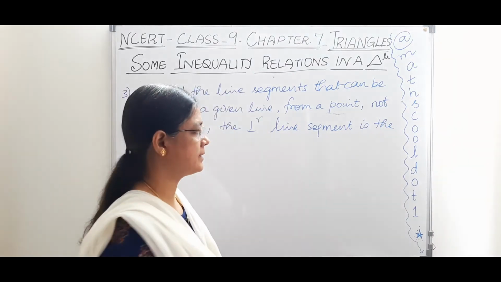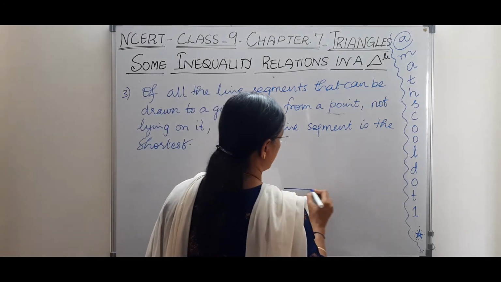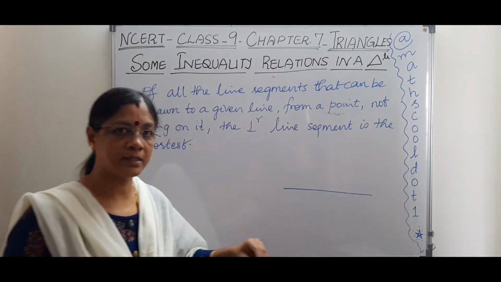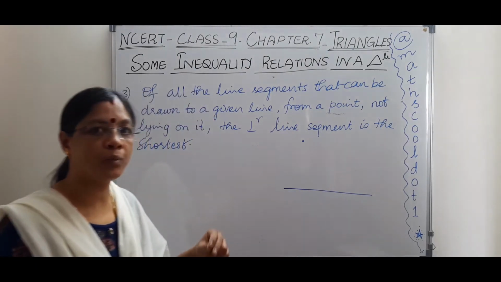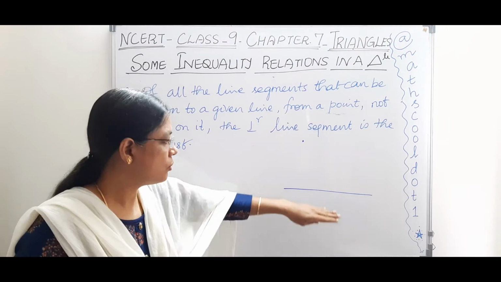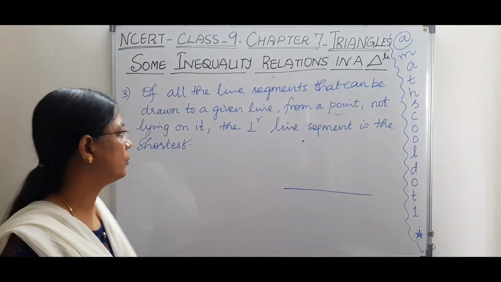Now to understand, let's draw this. See, we have a line here, a line segment, and there is a point here, some point not lying on the given line.